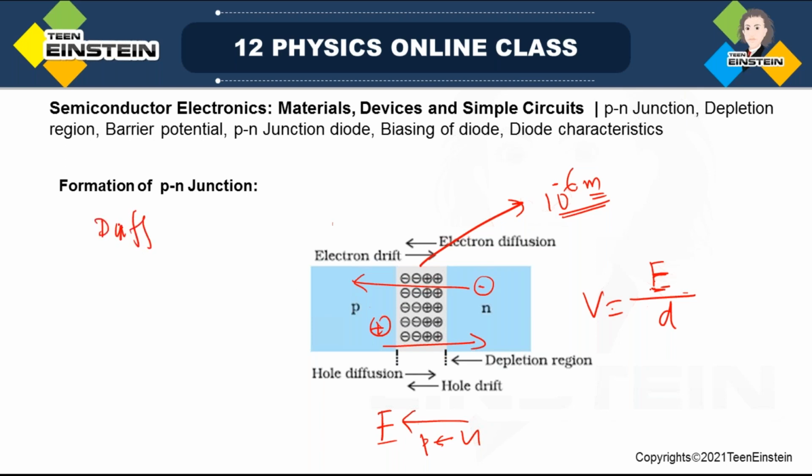It is developed across the junction due to the diffusion of mobile charge carriers.